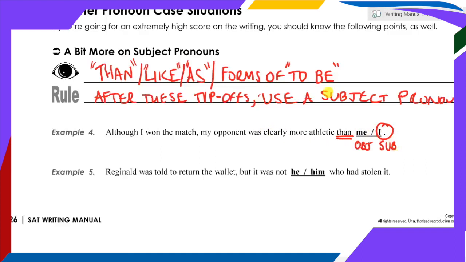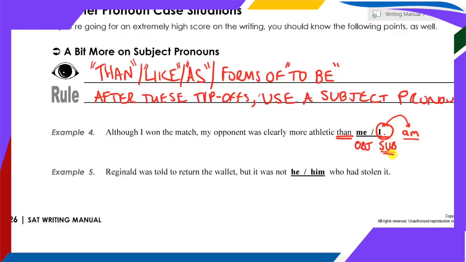If you want to know why we're supposed to be using a subject pronoun, it is because there is actually an implied but unwritten verb at the end of this sentence after the I. This sentence is actually saying my opponent was clearly more athletic than I am athletic. So that I is the subject.